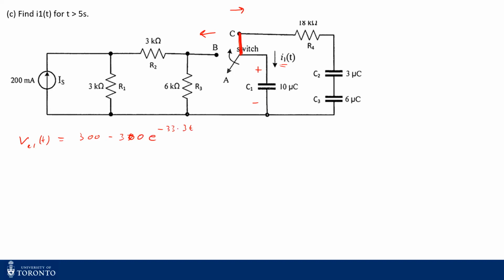At 5 seconds, when you multiply 5 times this, it is a very small exponential value, so basically this will end up giving you 0. So you will have VC1 at 5 seconds just be 300 volts. So that's your starting voltage, that's your V initial.